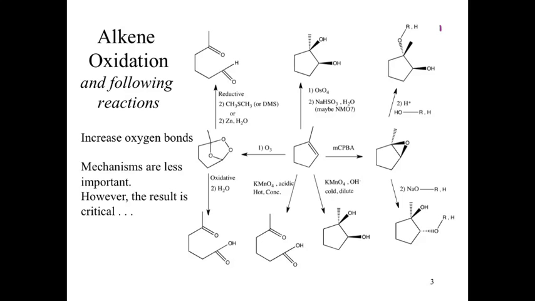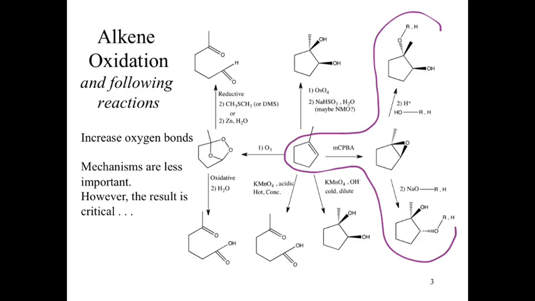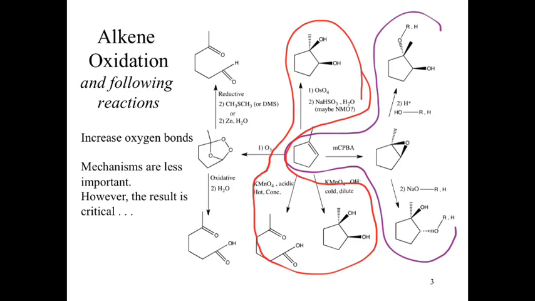We'll look first at our mCPBA reactions. Then we'll look next at our permanganate and osmium tetroxide, because we end up forming diols in both of those, and very similar diols. And then we'll look at ozone as a last reagent.